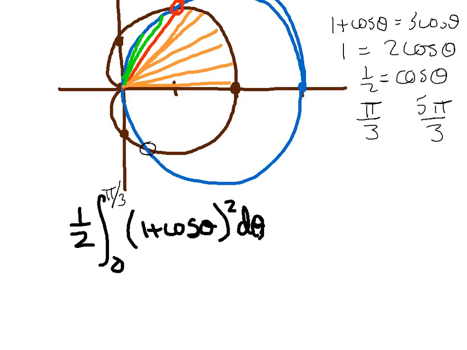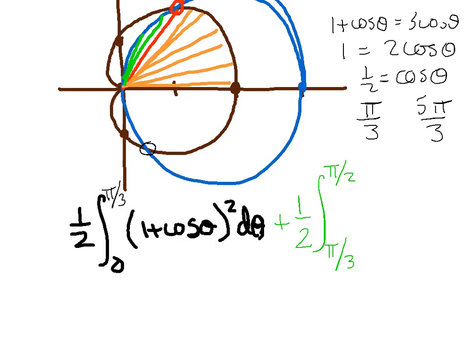Now, on top of that, we need to find the area of the green guy. So we're going to say 1/2 integral from pi over 3 to pi over 2, which is when that blue graph gets back to the pole.